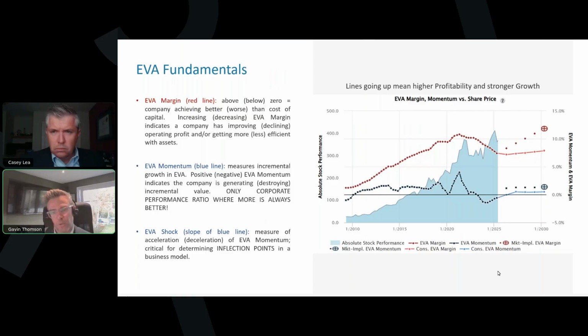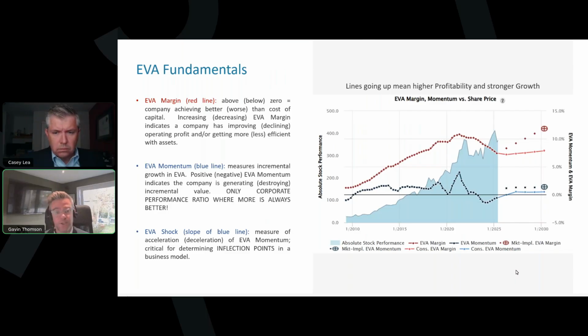Generally, we say you don't want to be owning a company or a sector or an industry while it's rolling over in its profitability. And really that rolling over, we can talk about from an EVA shock perspective as well. We talk about EVA shock as that change in direction of EVA momentum, and really sort of accelerating or decelerating.